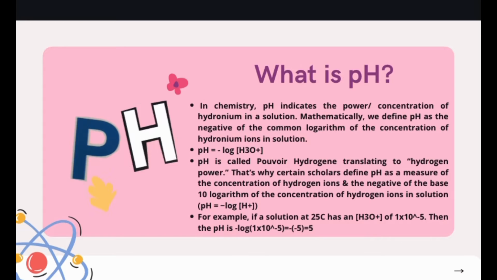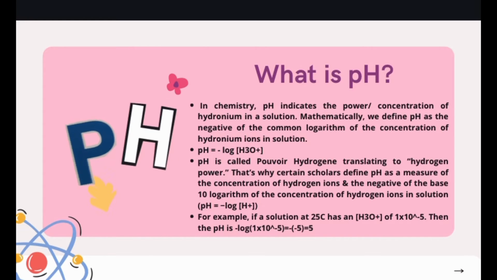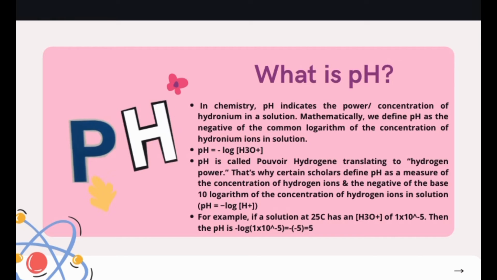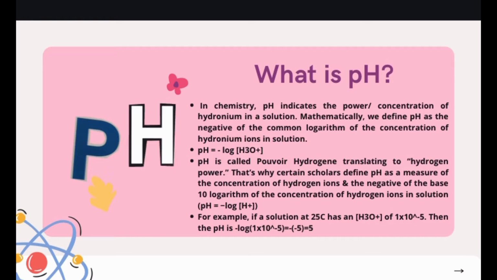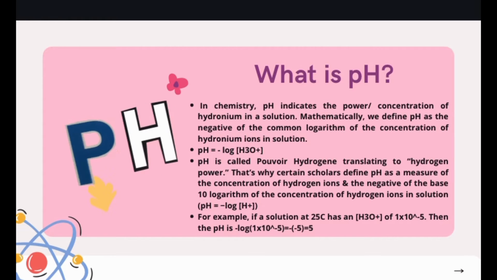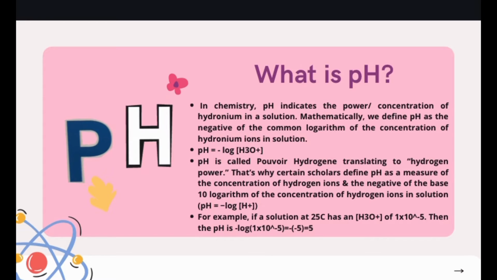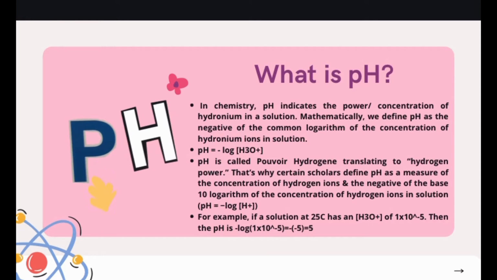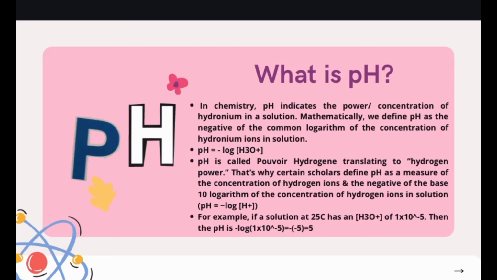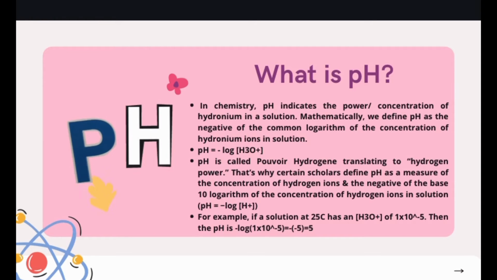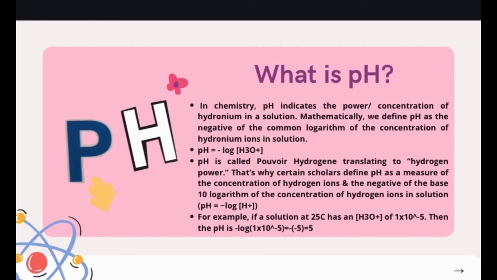pH comes from a Dutch phrase, and this phrase, as you can see here, translates to the hydronium power. That's why certain scholars will put pH as a measure of the concentration of hydrogen and not hydronium, and they would also define it as the negative of the base 10 log of the concentration of hydrogen ions in a solution.